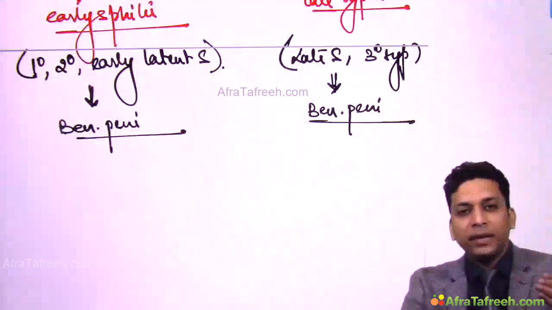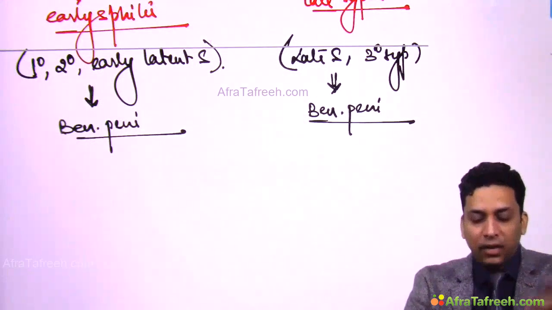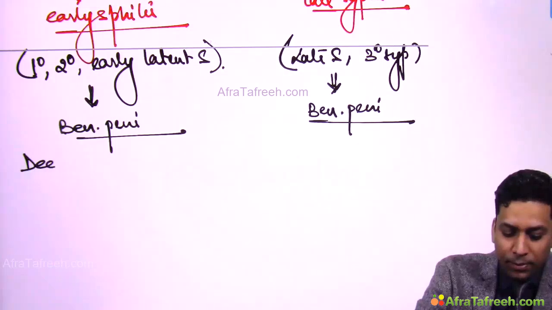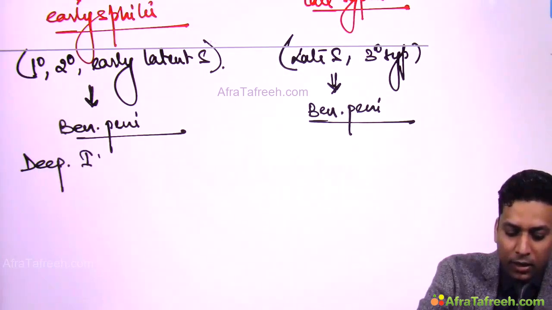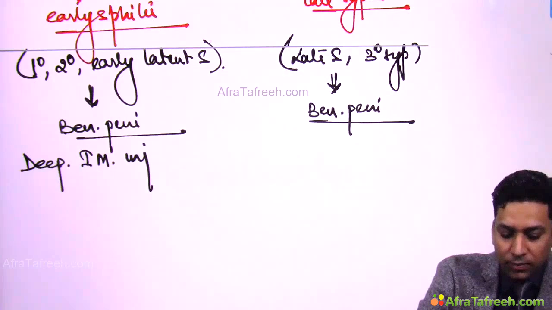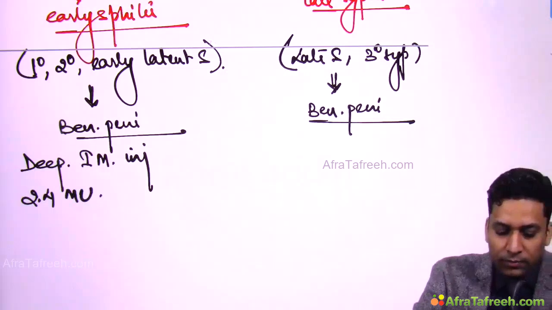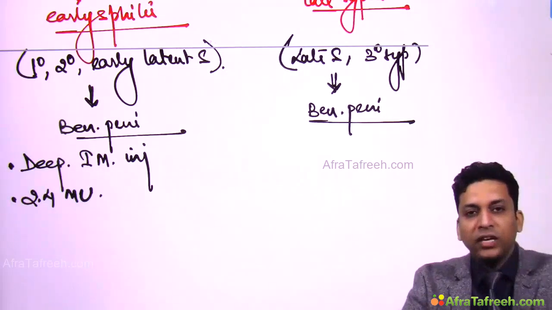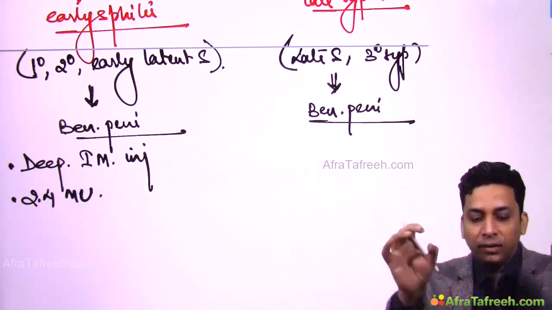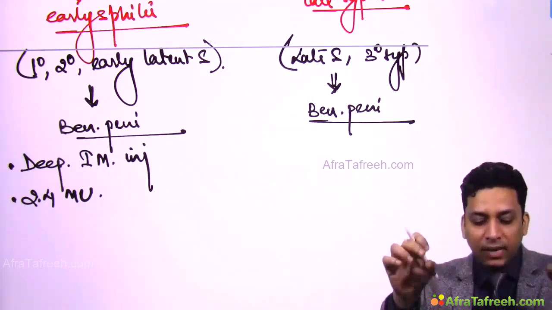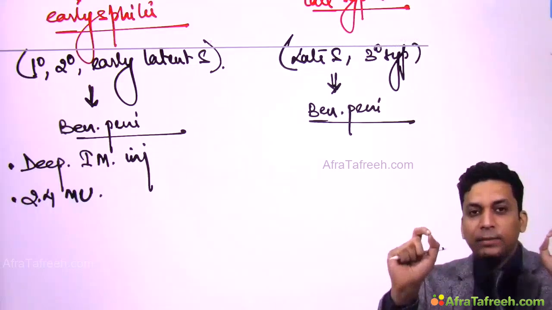Normally, benzathine penicillin is an injectable drug and it is given by deep intramuscular injection. The dose is 2.4 million units, and this dose is divided into two and given in both buttocks simultaneously by deep intramuscular injection.